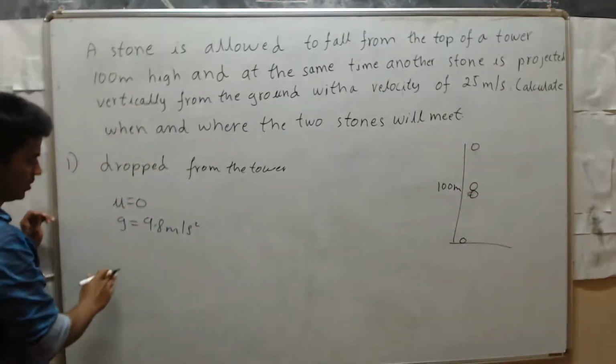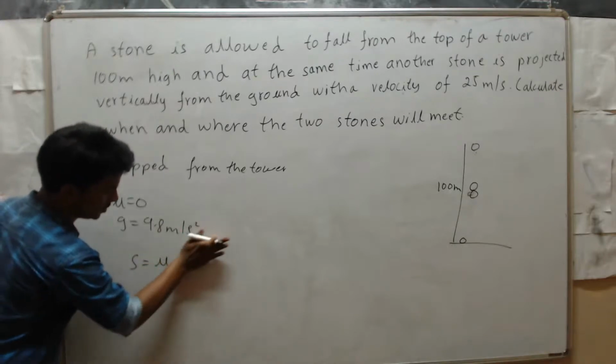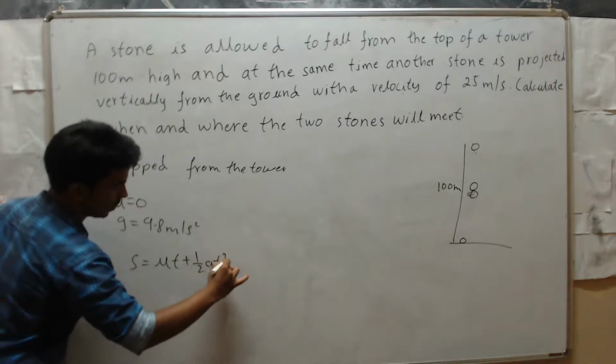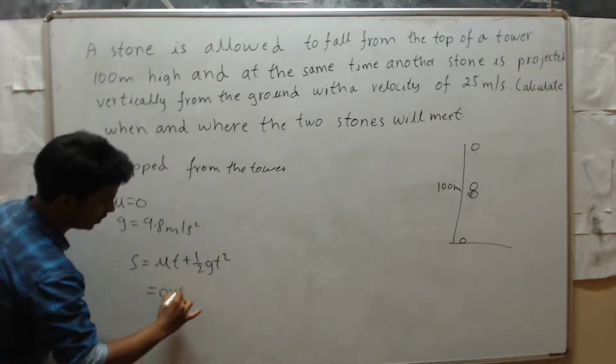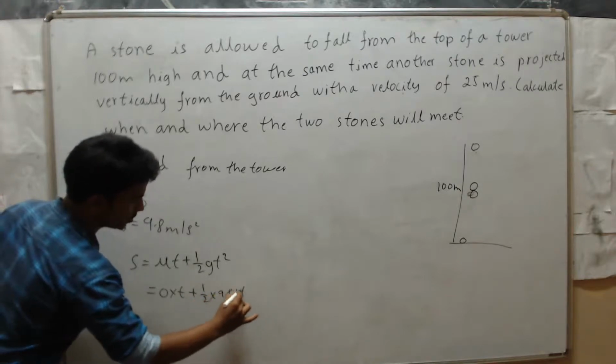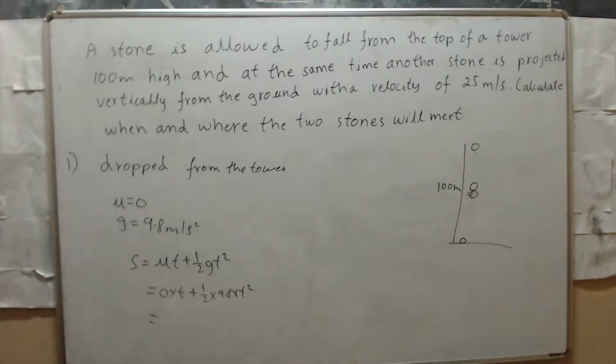So S is equal to ut plus half gt square. Here it is 0 into t, I don't know time, so half into 9.8 into t square. 0 into t, so that is 9.8 divided by 2. What is the answer?